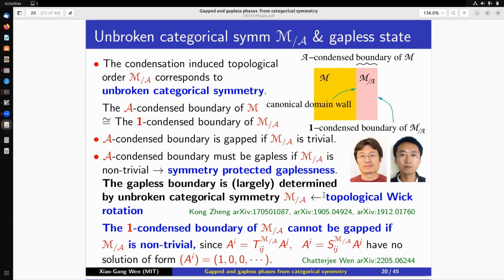Somehow that represents a gapless edge. I don't know whether there's a proof for this, but I really like this picture. It's really saying that if the ground state wave function has non-trivial topological order, there's a canonical boundary. Just rotate the wave function into the time direction, and you should get this canonical gapless boundary.